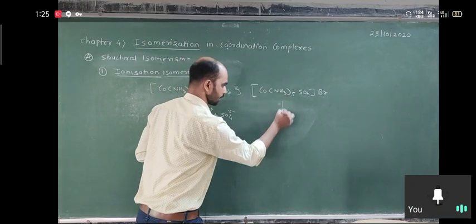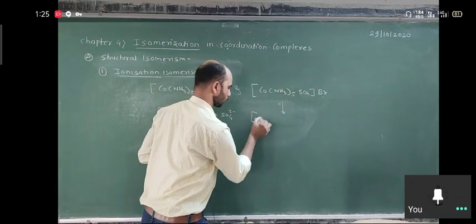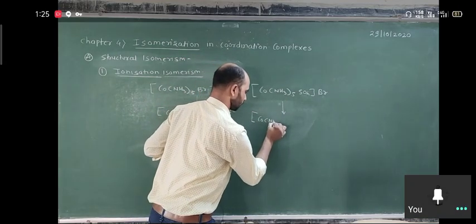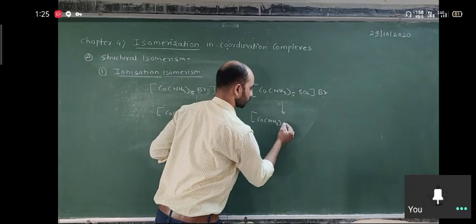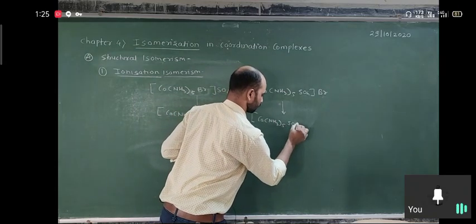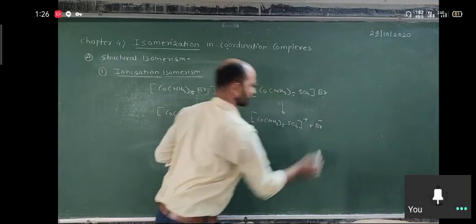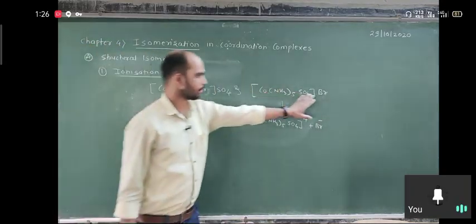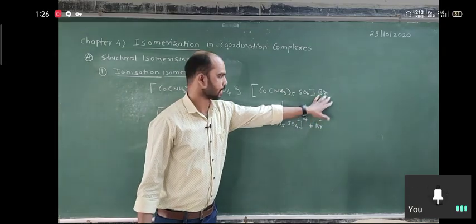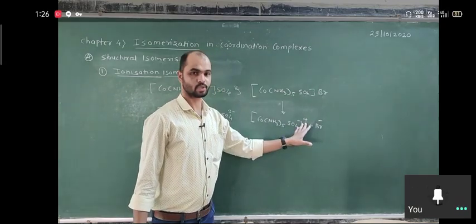But in the other case, because outside of the complex only Br is present, and Br has a minus charge, the complex has only a plus 1 charge.